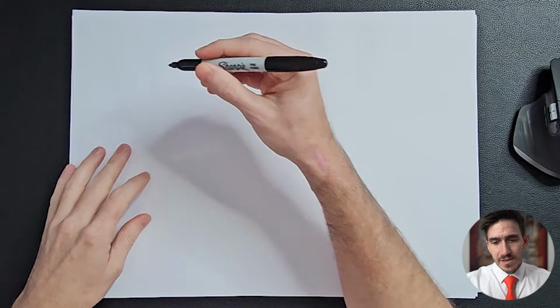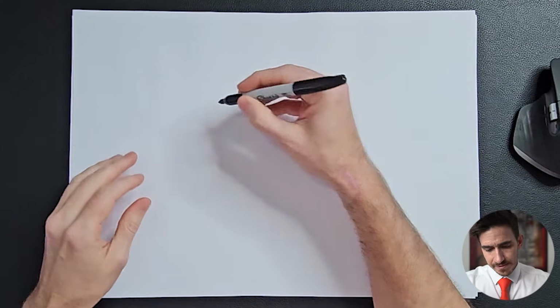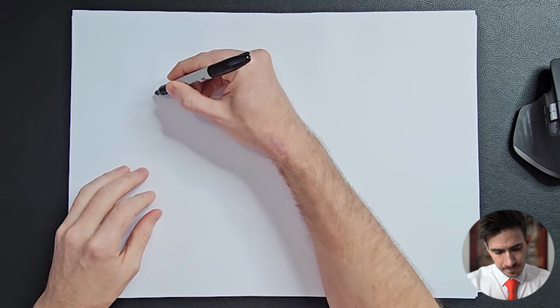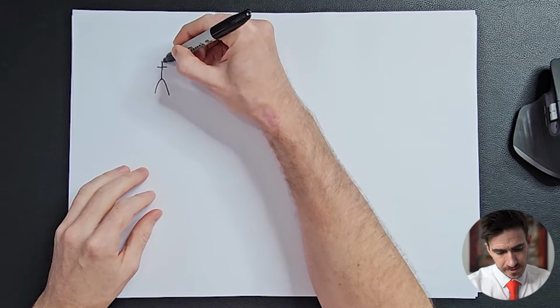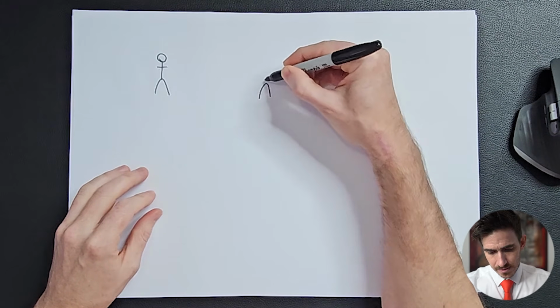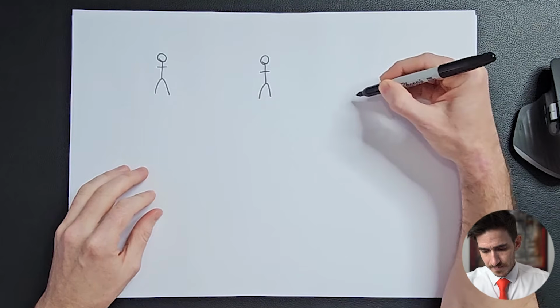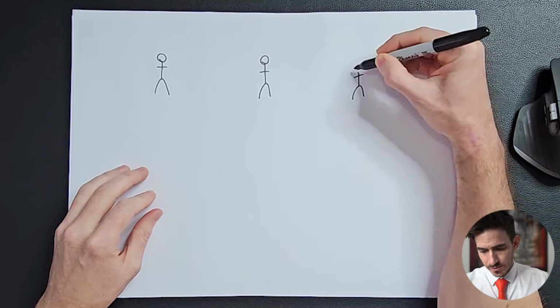So the first thing I want to talk about are the three core foundational ways you can go about generating leads. And they're really broken down into three key categories. So let's say you have 3 different prospects or 3 different ideal clients. 3 little dudes, little ladies, all potential clients.